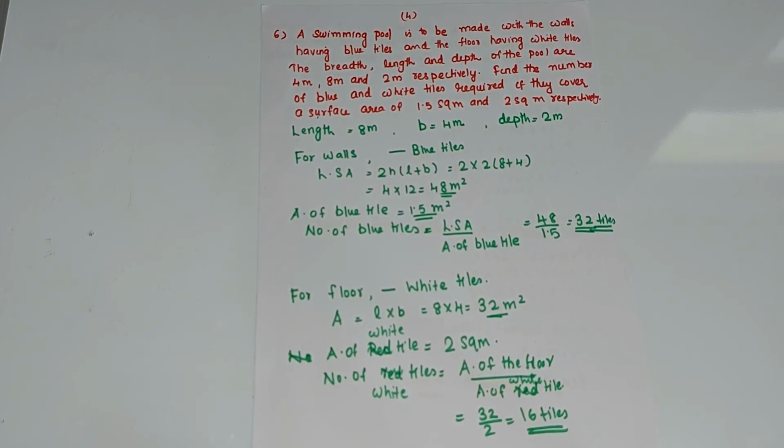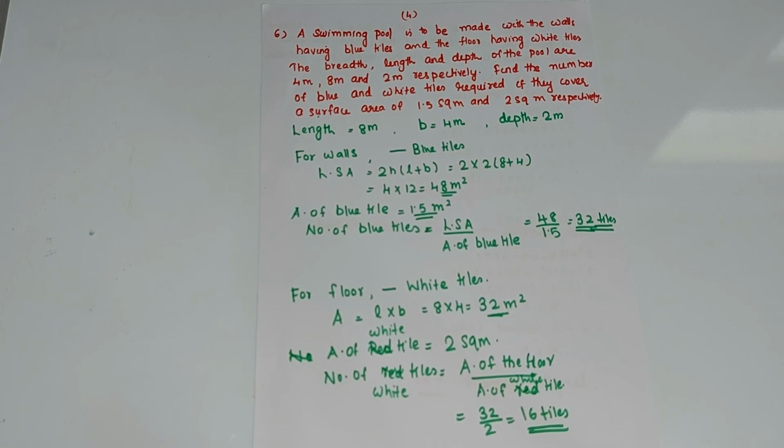For walls, in the question it is given that blue tiles. So find the lateral surface area. Wall means we have to find out the lateral surface area. So lateral surface area equal to 2h into L plus B. It's equal to 2 into 8 plus 4. It's equal to 48 meters square. So the area of the walls equal to 48 meters square.